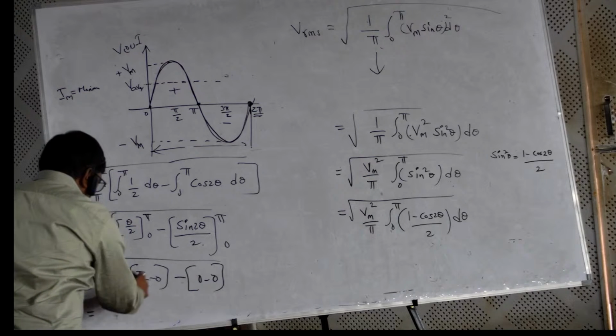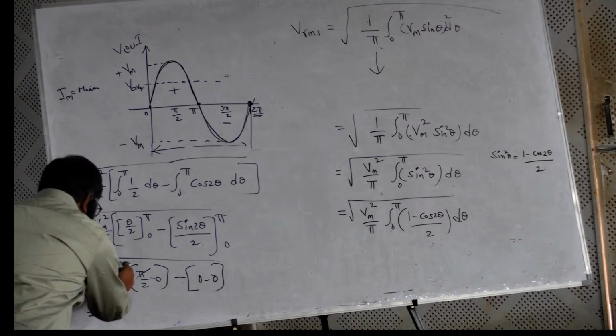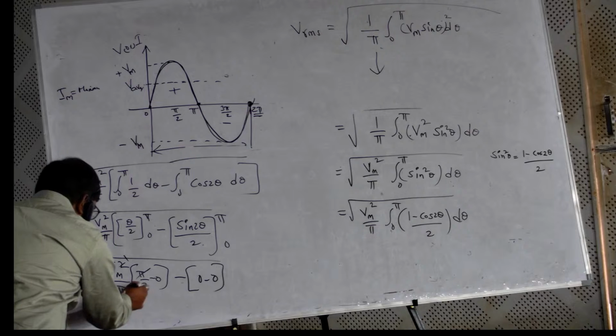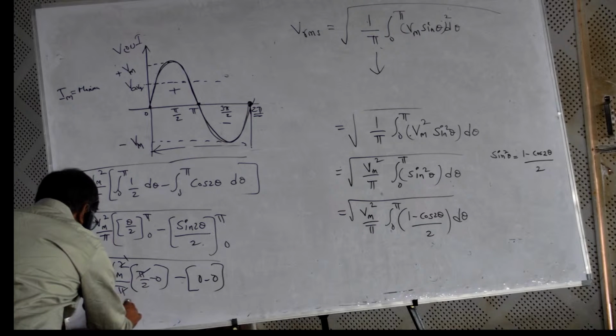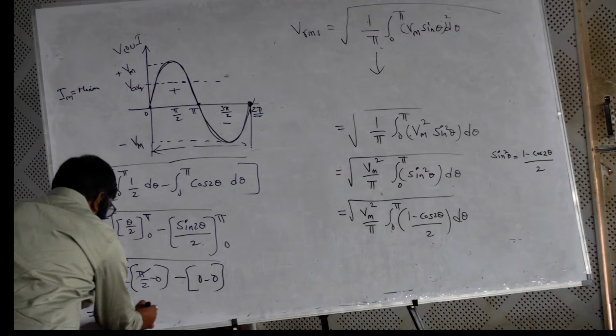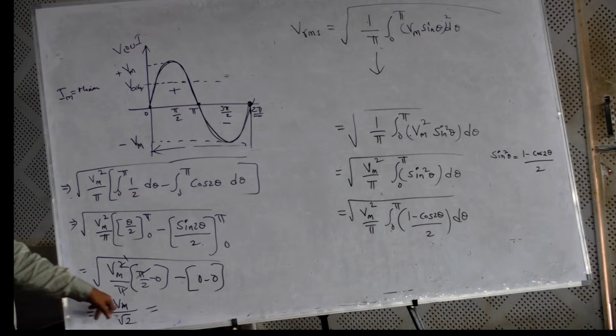The pi will get cancelled, Vm square root will get cancelled, and we'll get Vm by root 2. So 1 by root 2. How much is 1 by root 2? You tell me the value.